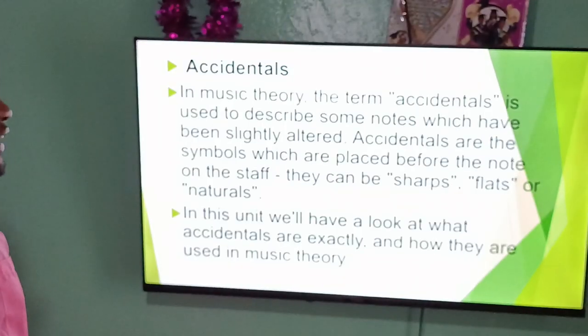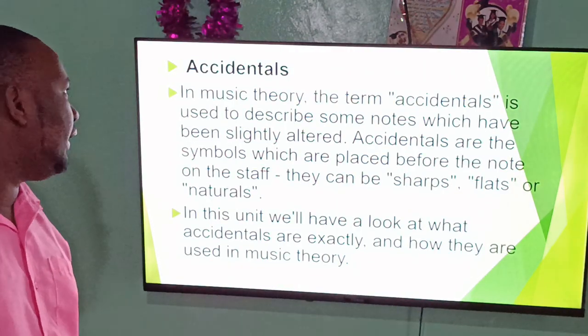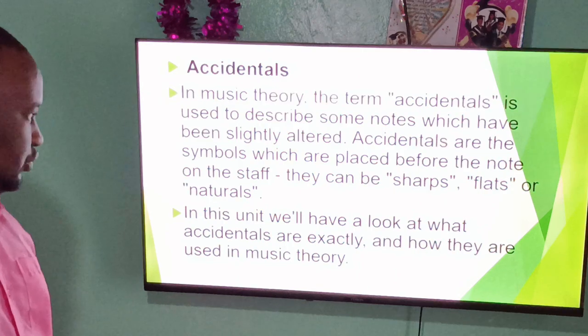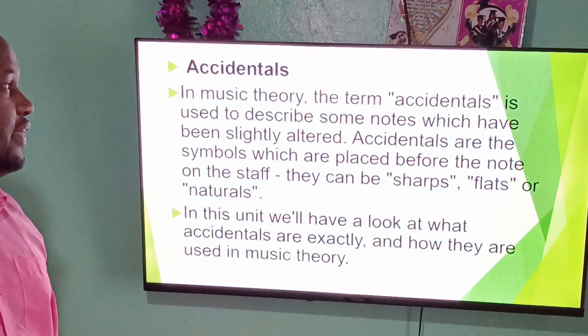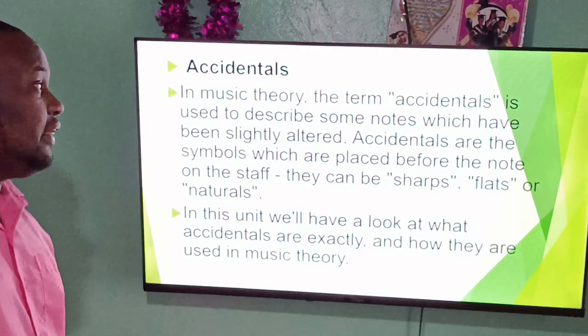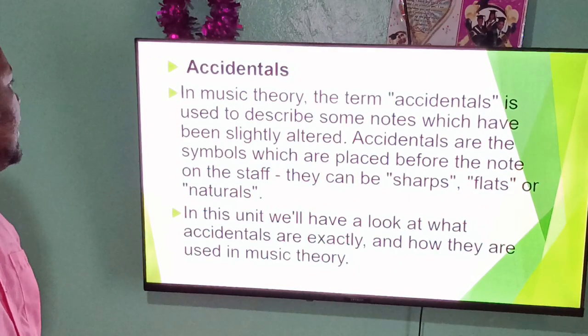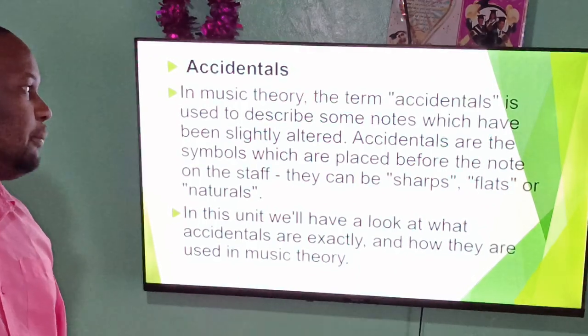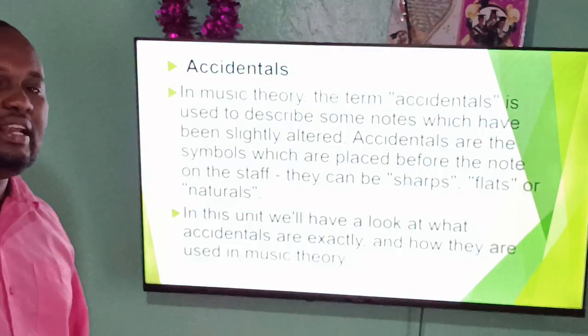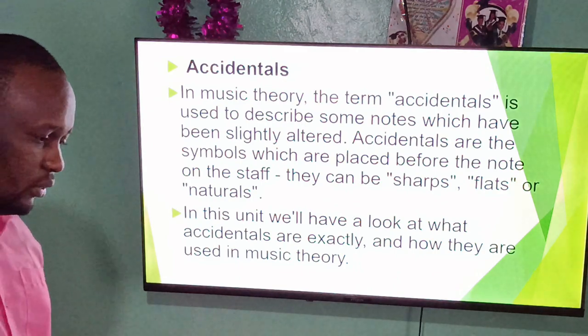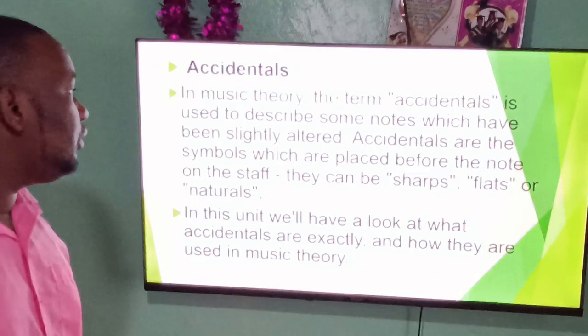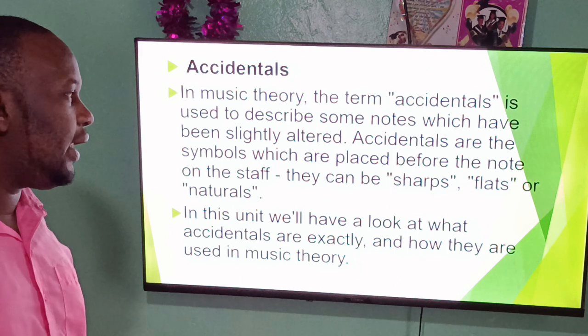Having discussed that, we shall go direct to accidentals. In music theory, the term accidentals is used to describe some notes which have been slightly altered. Before we go to them, I can just give an example.